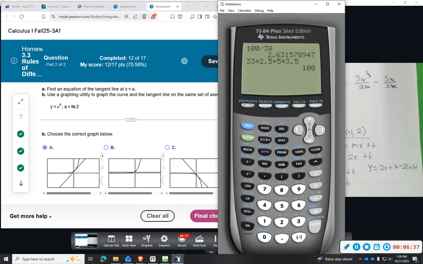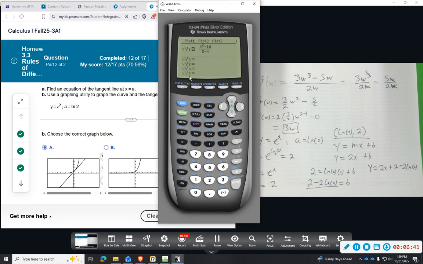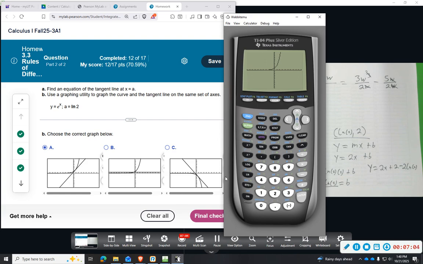Make this a little bit smaller. Okay, we're going to go to y equals. I'm going to clear out what I have here, and we're going to type e to the x. All right, we graph that. So here's the graph we get curving up, which most of them have, except for this one, which is curving downward, so you can eliminate C that way.